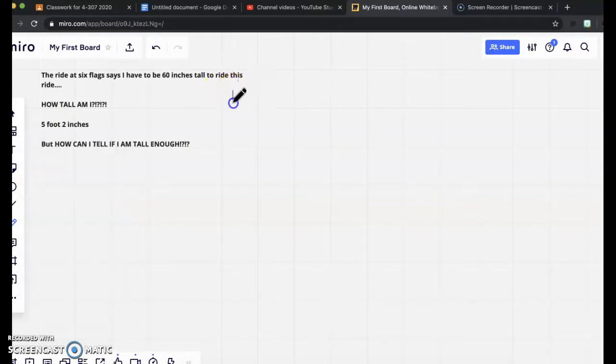So I know that 1 foot is equal to 12 inches. Alright, so 1 foot is equal to 12 inches.